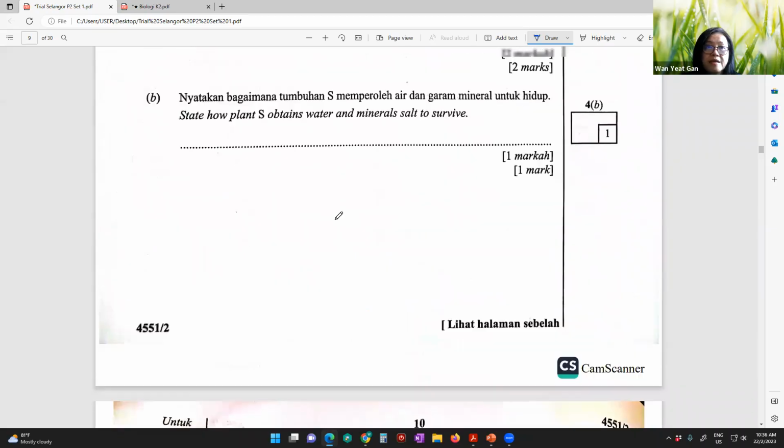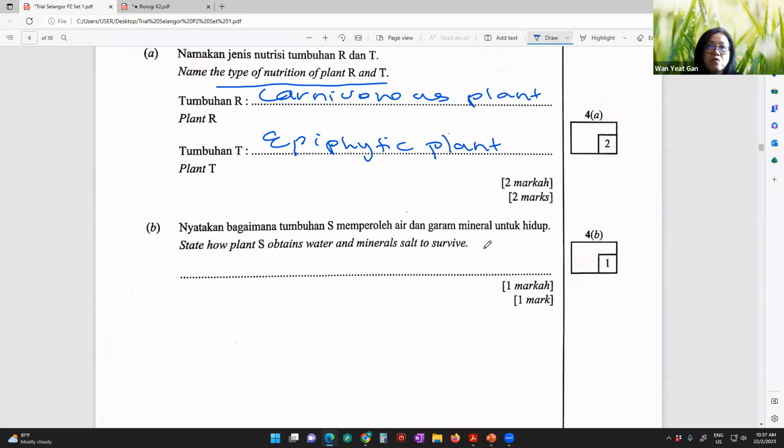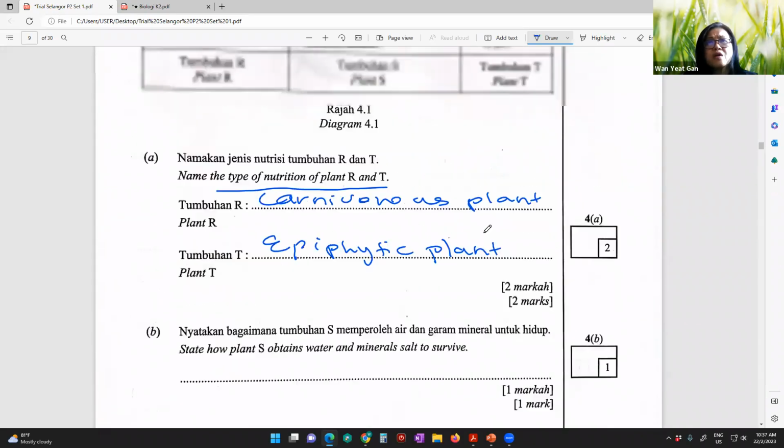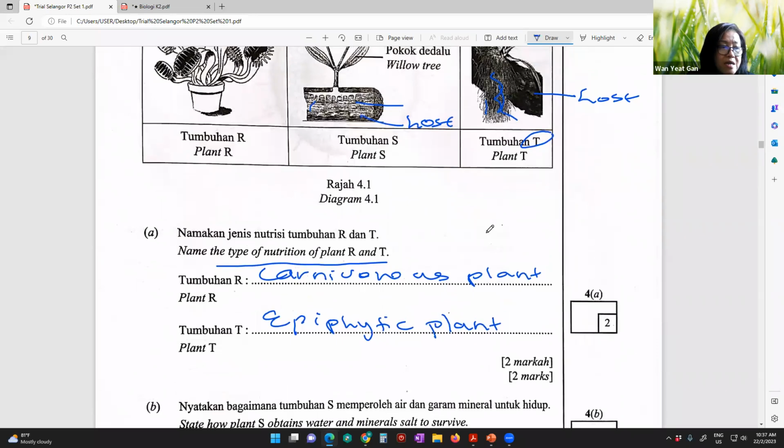Okay, state how plant S obtains water and mineral salt to survive. Plant S, right? Earlier I said that plant S is a parasitic plant.